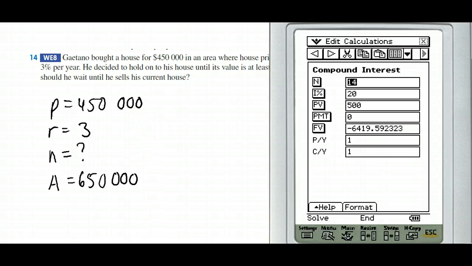So this time N equals, we don't know. I'm going to leave that blank. The interest rate's 3%. The principal was $450,000, and the final amount was $650,000. We better put negative $650,000. So that's the way the computer likes it. Okay, when we do that, now we click on N because that's what we want to calculate, and we get 12.44.